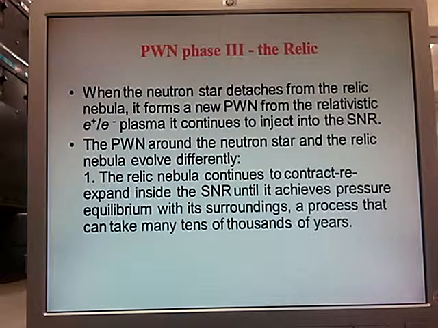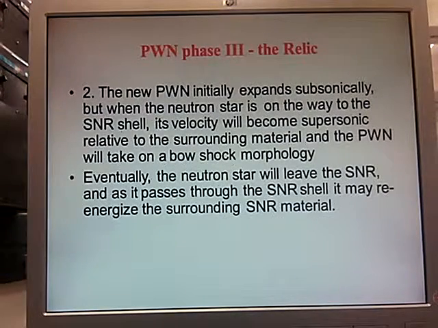Yeah, it sort of keeps creating a new nebula. So there's a new pulsar wind nebula that initially expands subsonically, and then as you reach this supernova remnant shell, its velocity becomes supersonic compared to the surrounding material. That also will then get shocked, and you get the same sort of thing as in the previous example.